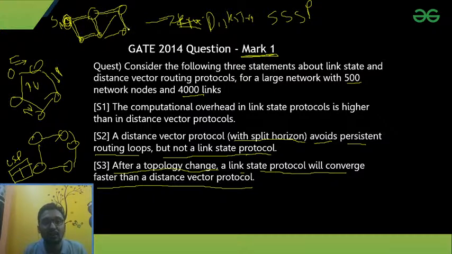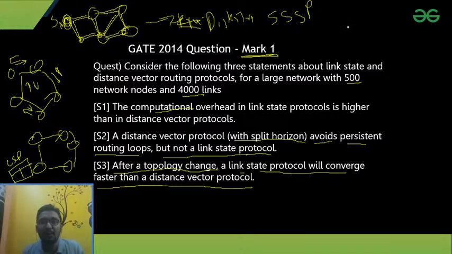So this Dijkstra will take processing power, because we are finding single source shortest paths. So actually this link state protocol will have higher cost in terms of computation.